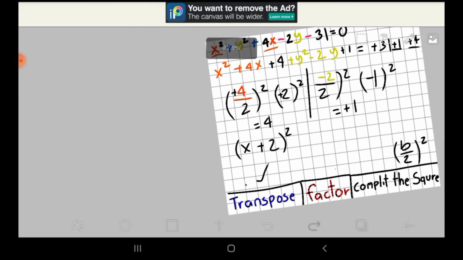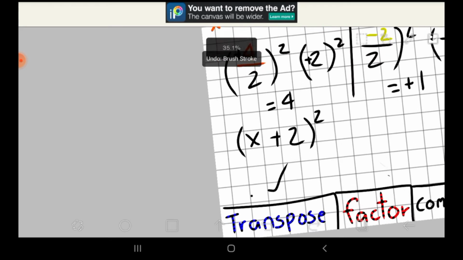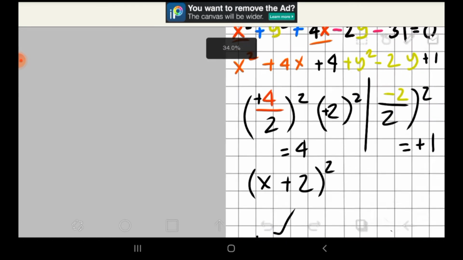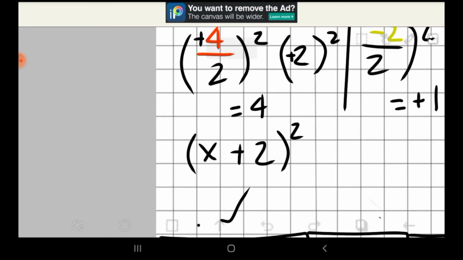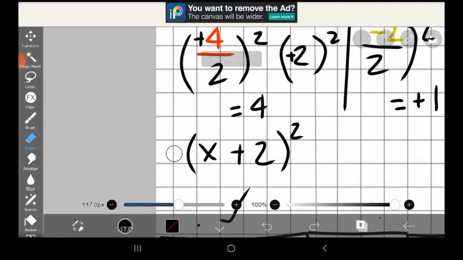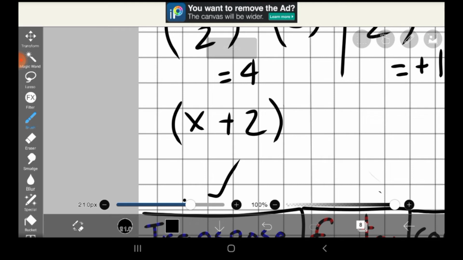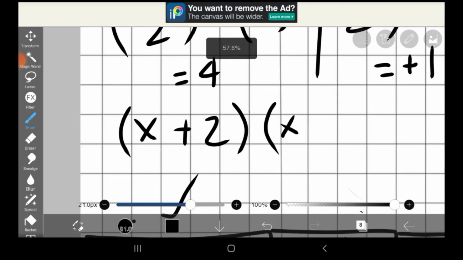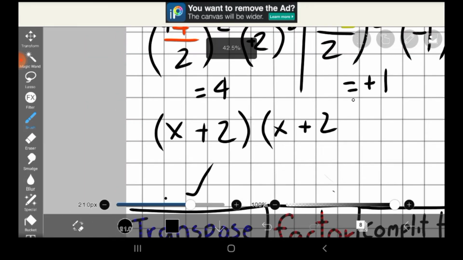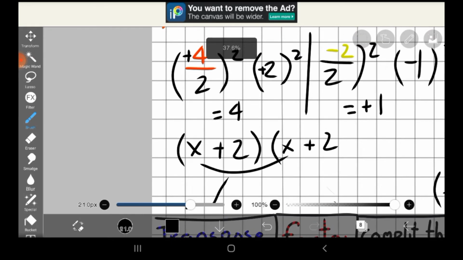Now if we solve this x plus 2, it will get this answer. So let's try it. Using the FOIL method, x times x is x squared.